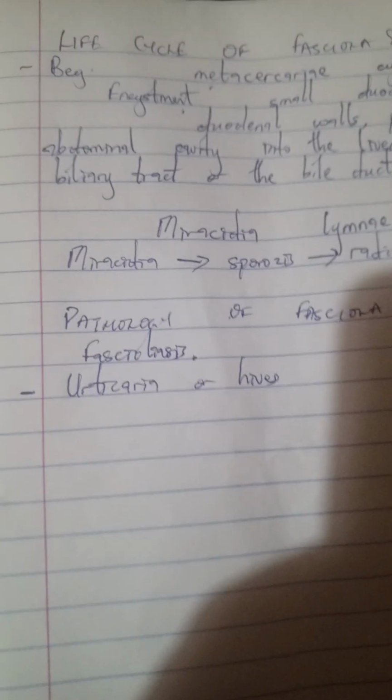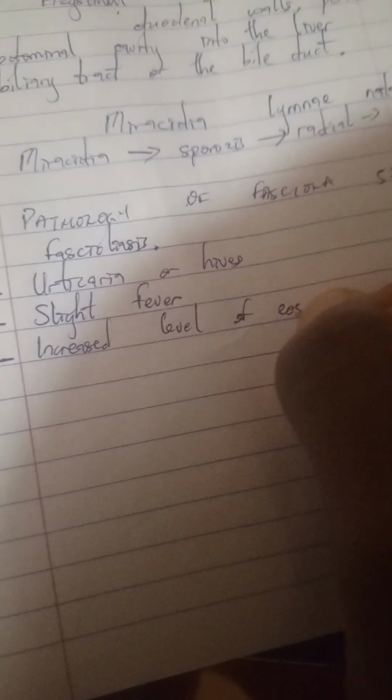This urticaria is whereby the body of an individual is swollen and itching, a red swollen skin. Another symptom is that the patient will have slight fever. And another symptom is that there will be an increased level of eosinophil.